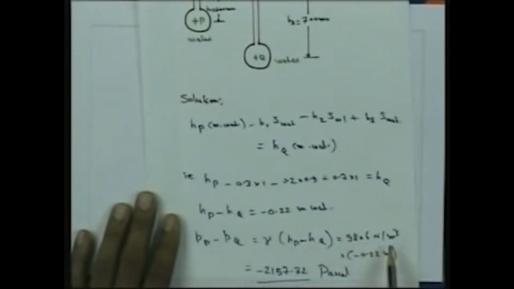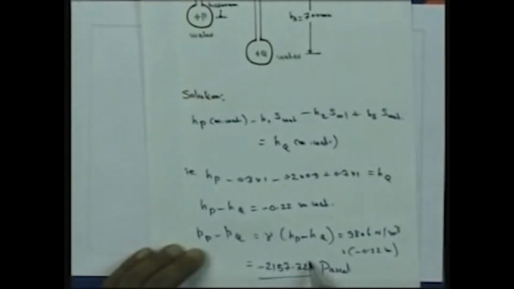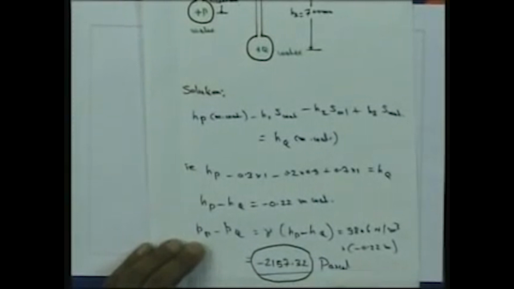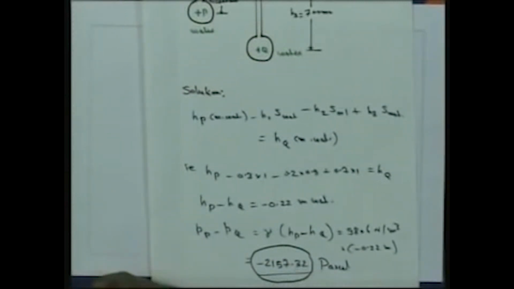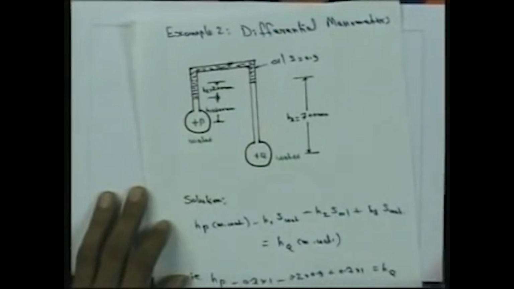So this is equal to 9806 Newton per meter cube into minus 0.22. This gives 2157.32 Pascal or 2.157 kilo Pascal. So this way, using a differential manometer we can determine the pressure difference between P and Q.